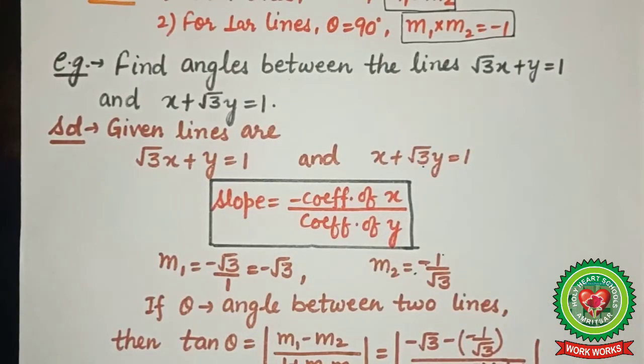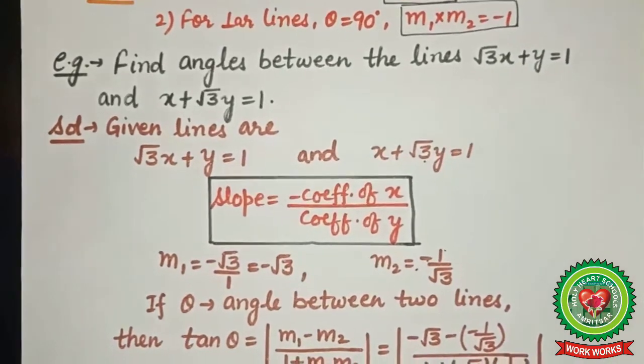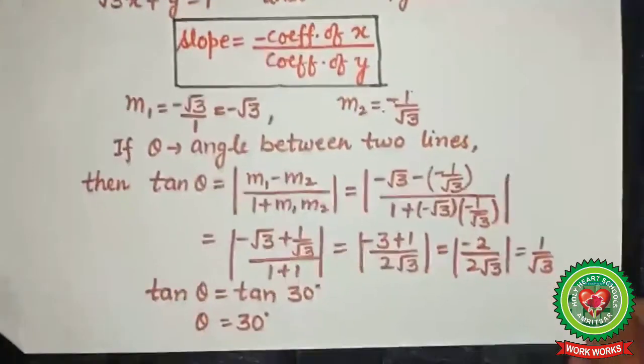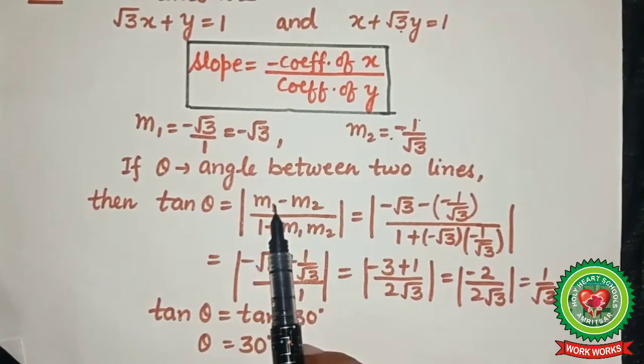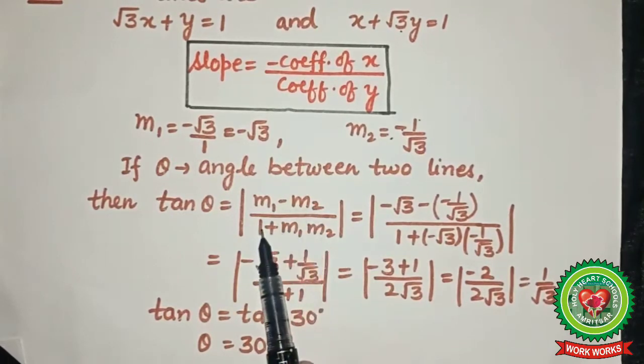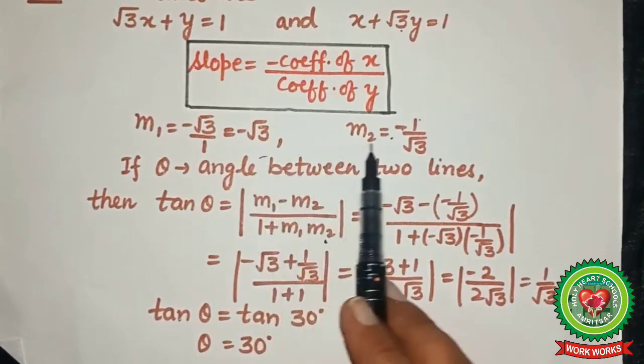In this way we can find the slopes first. Now let theta be the angle between the two lines. Then apply the formula. Tan theta is equal to mod of m1 minus m2 upon 1 plus m1 into m2. Put the value of m1 and m2.